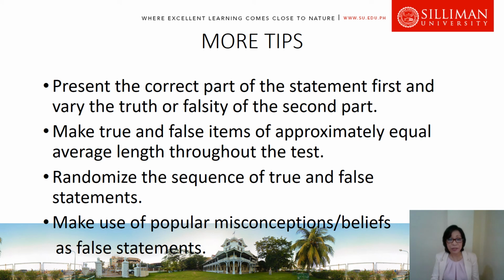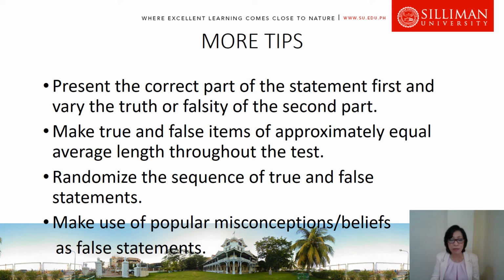More tips for you. Present the correct part of the statement first and vary the truth or falsity of the second part. Next, make true and false items of approximately equal average length throughout the test. Next, randomize the sequence of true or false statements. In other words, you don't have to create a pattern.